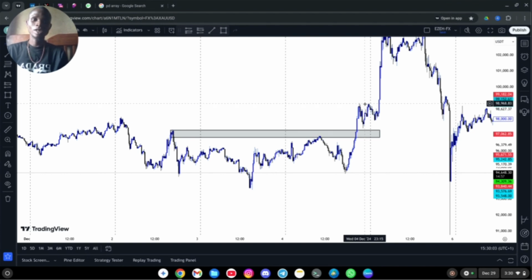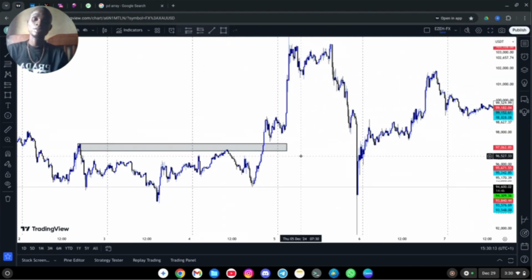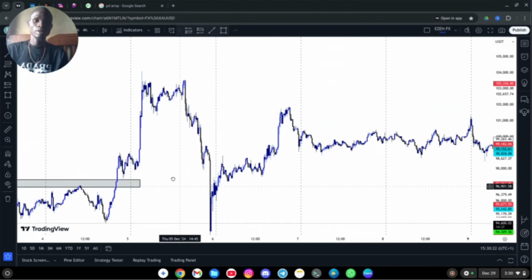If not, market would have swept this high, come back to this breaker and buy off. But market didn't do that, so that's just it. This is another way to spot a valid breaker. Assuming it had broken this high first, surely it would have come back here, but it didn't and continued buying.